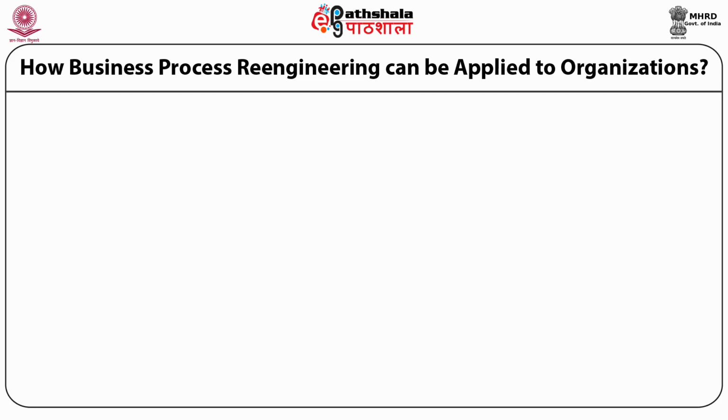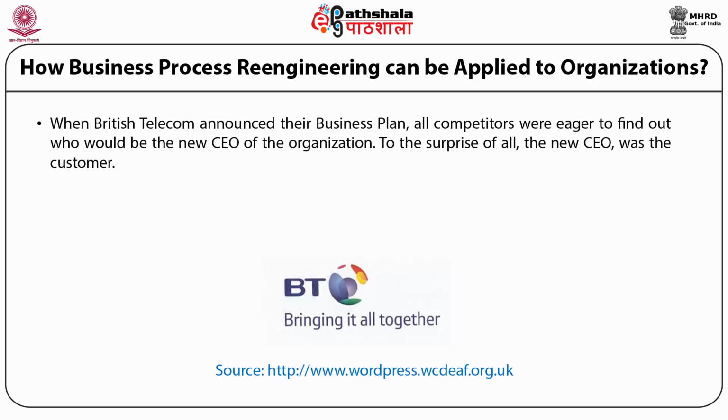Let us now look at how business process reengineering can be applied to organizations. When British Telecom announced their business plans, all competitors were eager to find out who would be the next CEO of the organization. To the surprise of all, the new CEO was the customer.